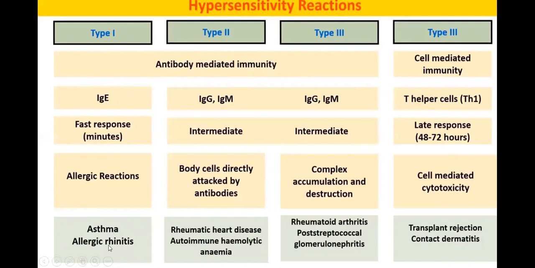Common examples are asthma and allergic rhinitis. And type 2 and type 3 are kind of intermediate responses, in hours, not minutes; it may take some time. Type 2 is mediated by IgG and IgM antibodies. Type 3 also IgG and IgM. But the difference between type 2 and type 3 is that type 2 acts on a single antibody antigen interaction. A typical complement response will come up here.